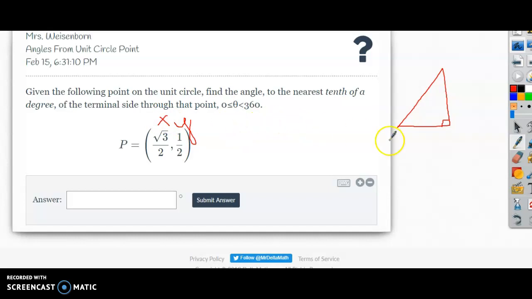Well, if sine is y, sine is opposite over hypotenuse. So this is opposite over hypotenuse. This is adjacent over hypotenuse. So the hypotenuse is 2. And I can put, let's see, so opposite is 1, adjacent is radical 3.